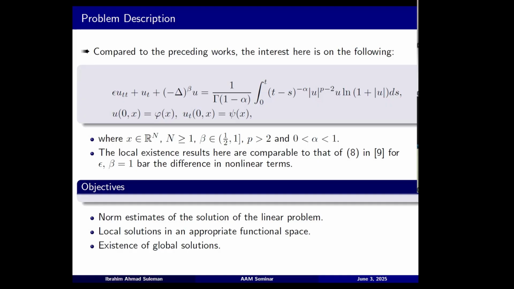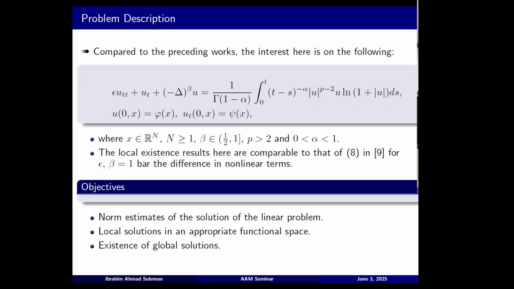I'll talk about the norm estimates of the solution of the linear problem. I'll give a brief idea of the proof, since we followed a similar way as Matsumura did in his work on Matsumura's estimate. Then I'll talk about the local solutions.